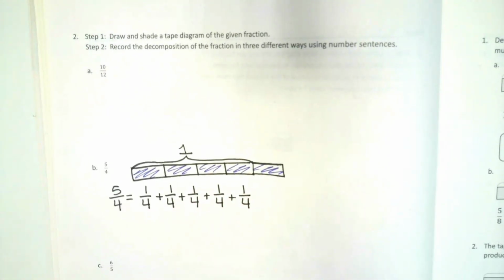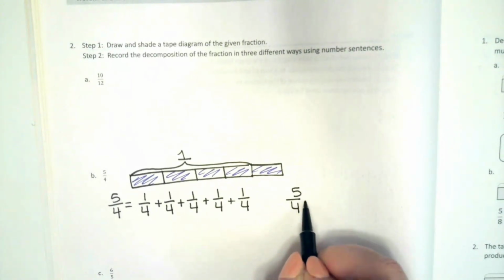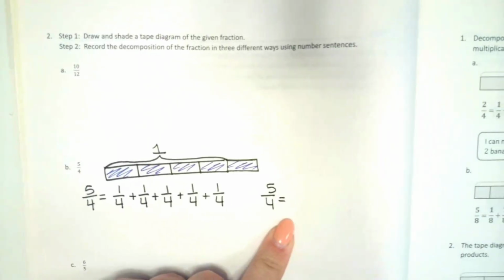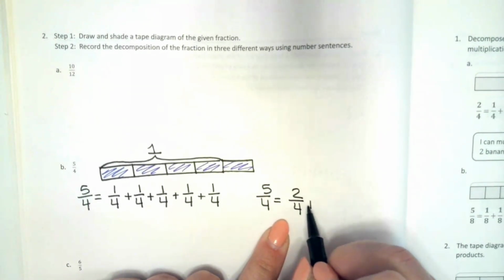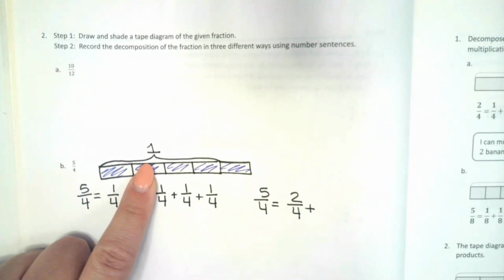Now let's record the decomposition a different way. 5/4 equals. This time let's start with 2/4. There's lots of ways that we could use 2/4 as our first fraction.